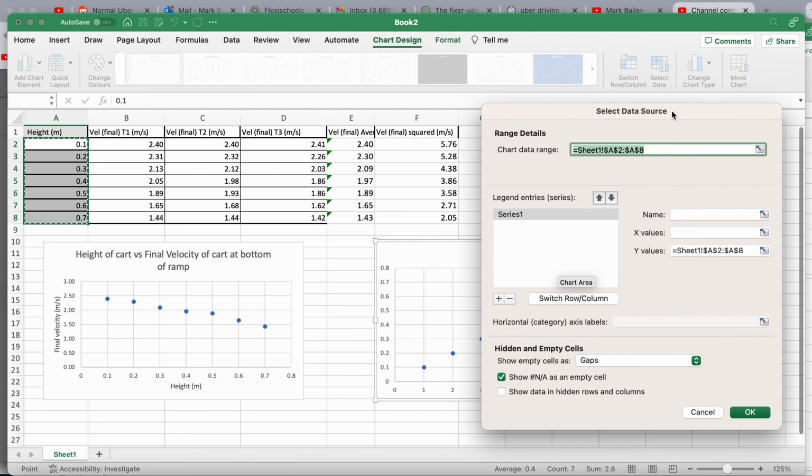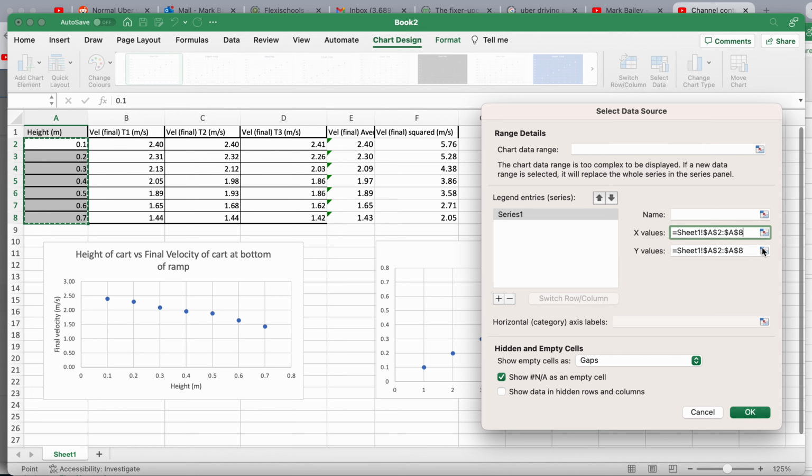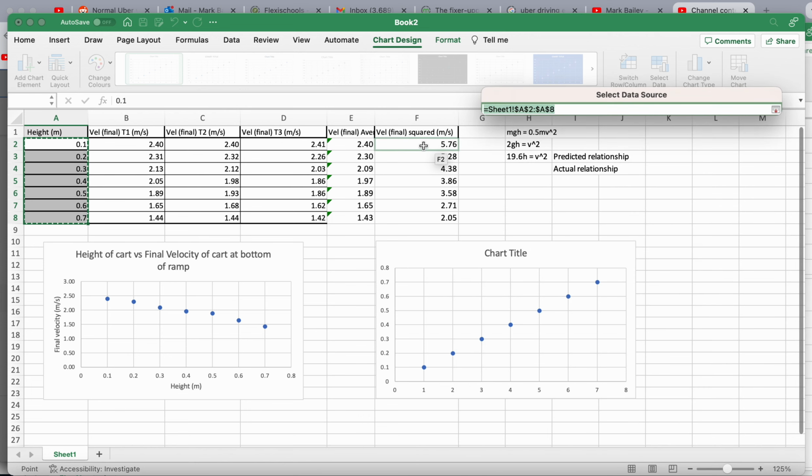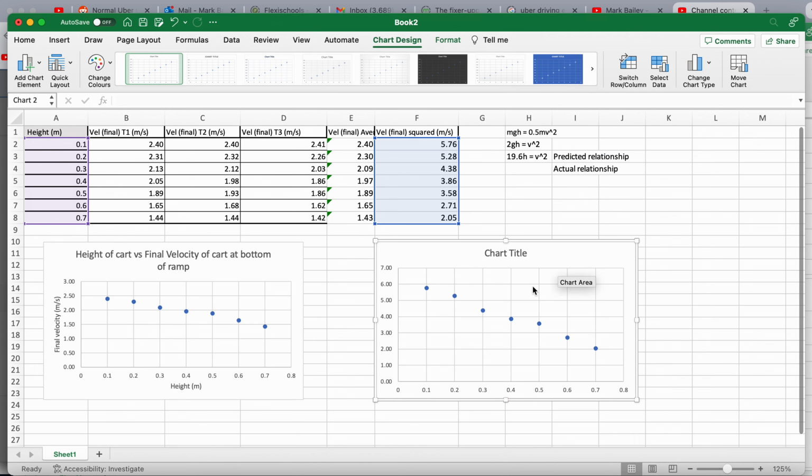This time the x-axis is going to be the height. The y-axis is going to be the velocity squared. Then click OK.